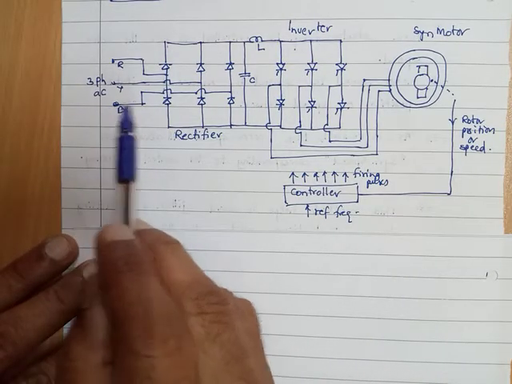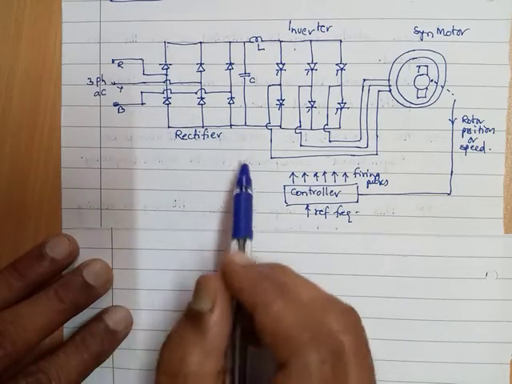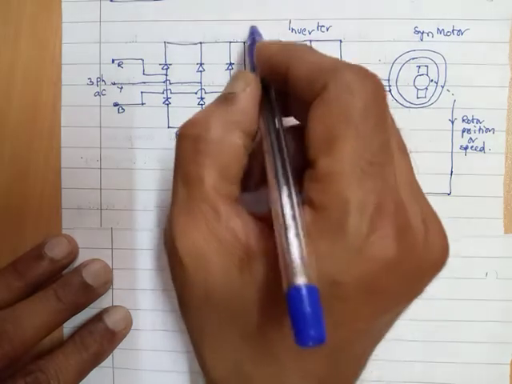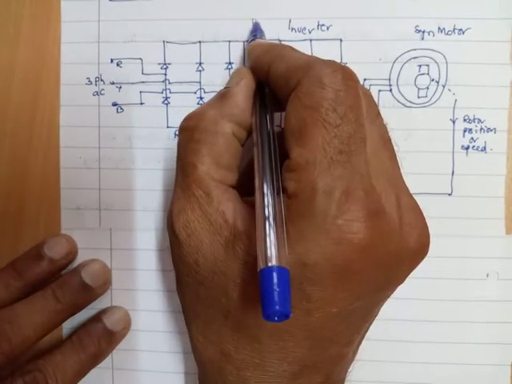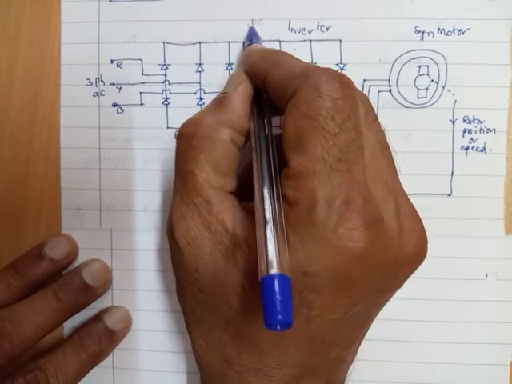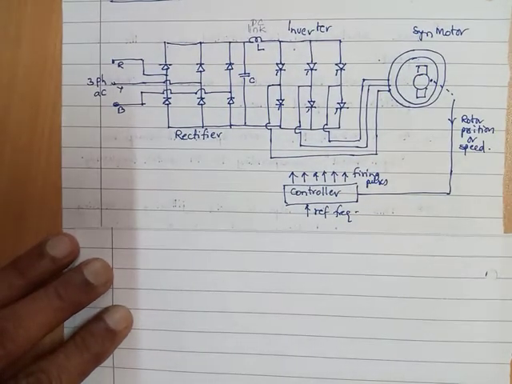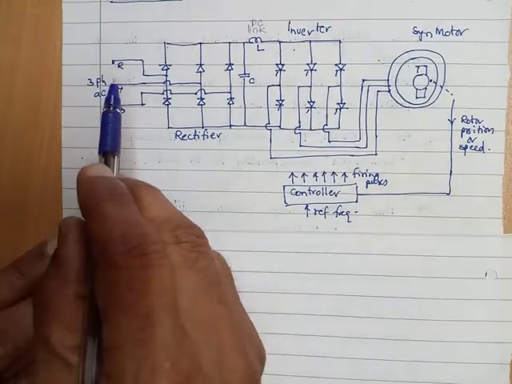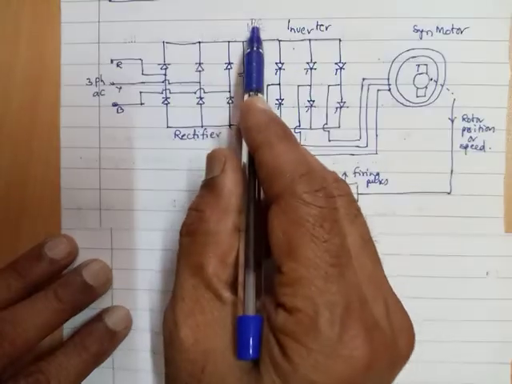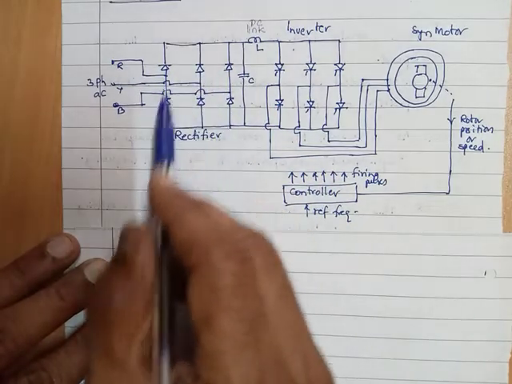The three-phase AC is converted into DC. This is the DC link. So three-phase AC is converted to DC using this rectifier.